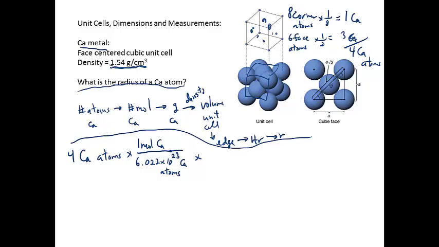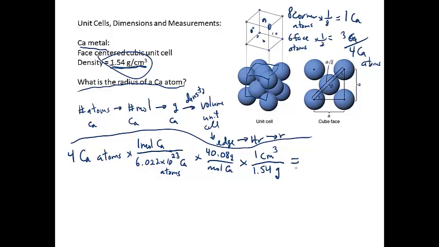The molar mass for calcium is 40.08 grams per mole of calcium. So we're now at grams, and now we want to convert grams to centimeters cubed. We know the density, so we use 1 centimeter cubed divided by 1.54 grams.